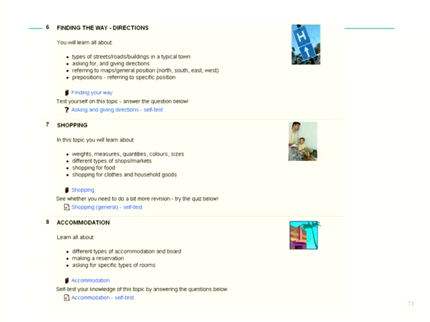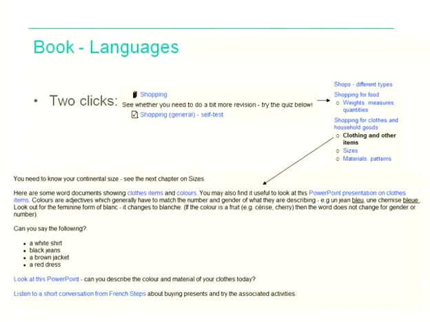And within each book, you'll have different topics, and then different resources within each topic. So the book on shopping, you click on that and you get different types of shopping: shopping for food, shopping for clothes, etc. And then if you click on clothing and other items, you've got a lot of guidance materials. You've got links to learning activities.